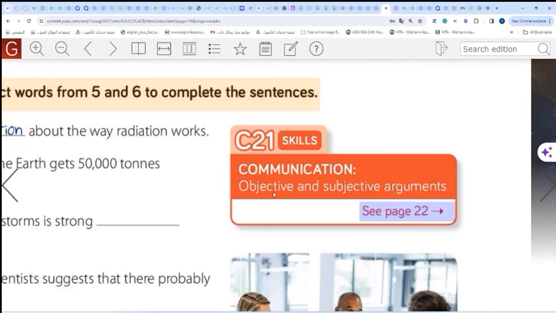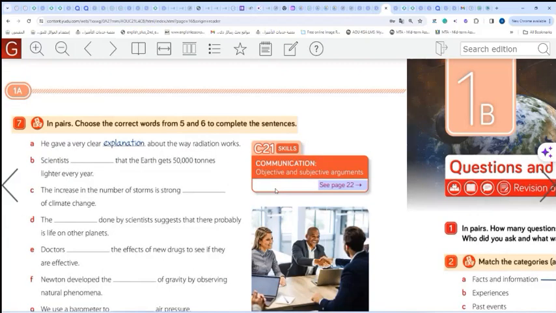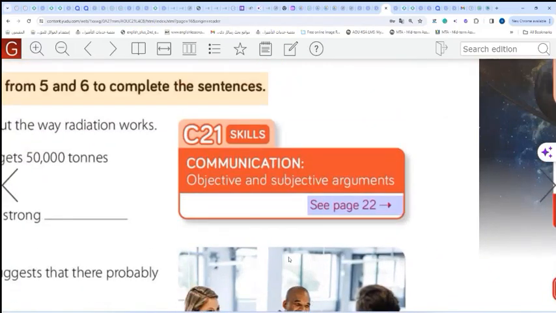Yes, Doctor. Because it's based on evidence, based on facts. This is what we call objective. But when you state your own point of view, this is called subjective.